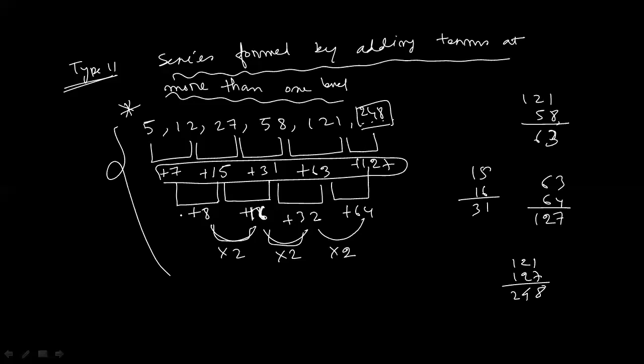Then again you have to check: 7 plus 8, 15, 15 plus 16, 31, 31 plus 32, it will be 63. Now you will get the pattern. 8 into 2 is 16, 16 into 2 is 32. Then the next will be 32 into 2, it will be 64. That means you have to add 64 with 63, then 127, then add to 121 to get 248. So this type of pattern will come.